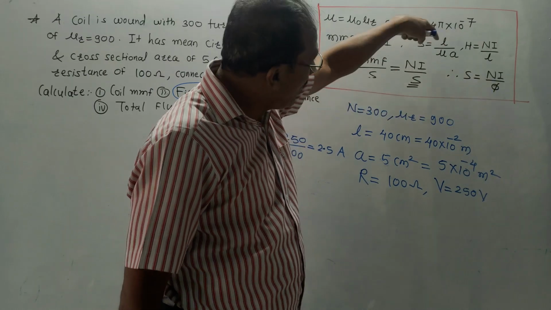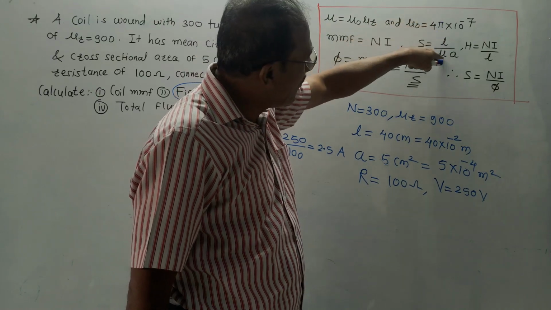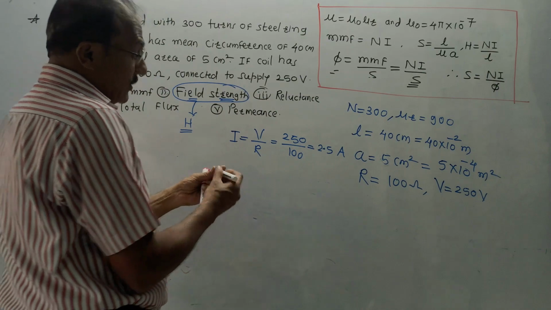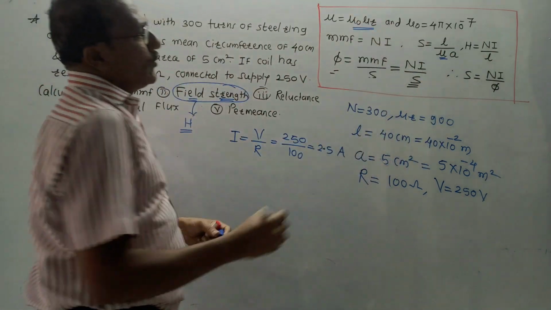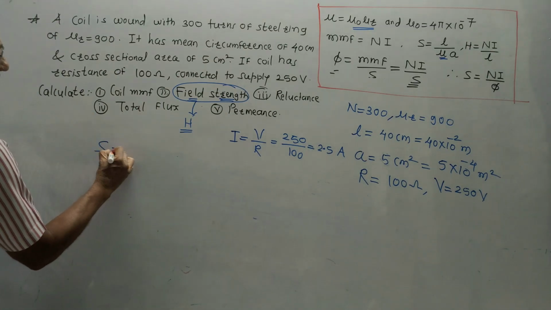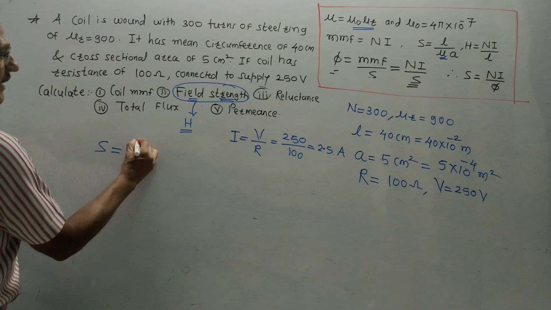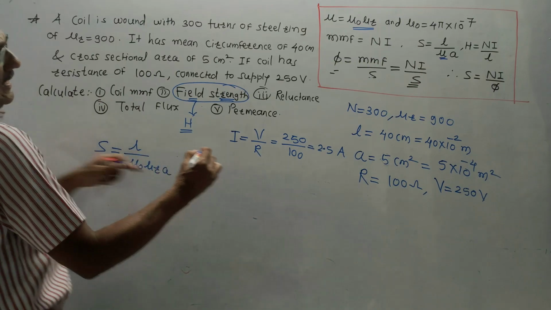So I will be using this formula because everything is known, L upon mu A. And in place of mu, I need to use mu 0 mu r. So the formula to calculate reluctance becomes S equals L upon mu 0 mu r into A.